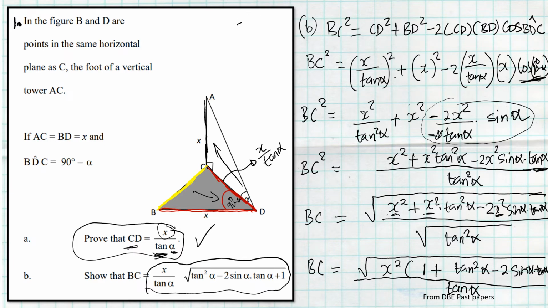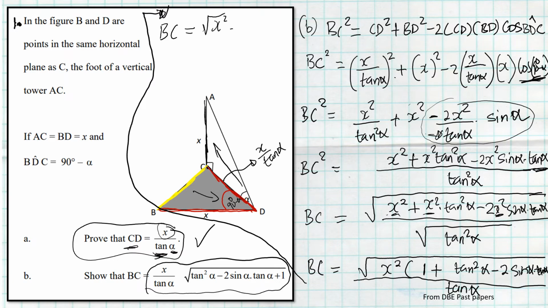Let me just continue. I'll put this somewhere here. Okay, let's continue on that side and see how it goes. My BC is going to be equal to, now that I took out my common factor, I can use the rule that if I have things multiplying each other, I can say the root of x squared multiplied by the root of that other one.